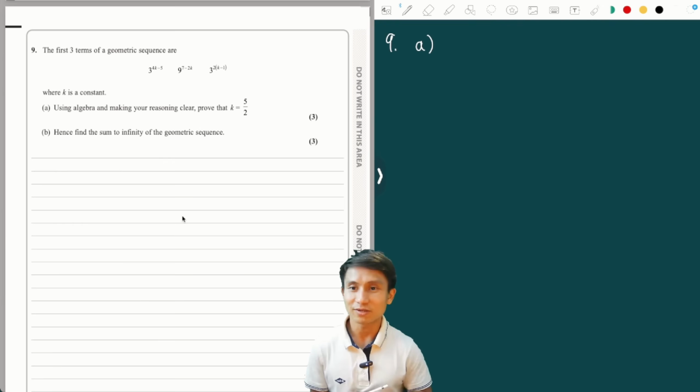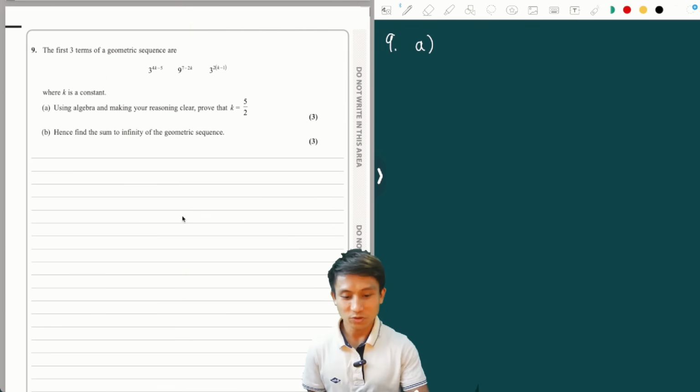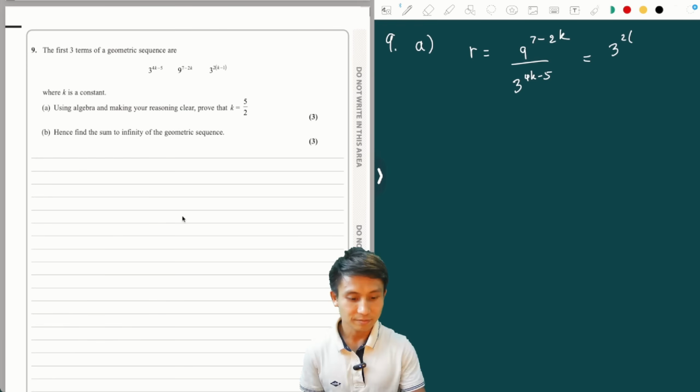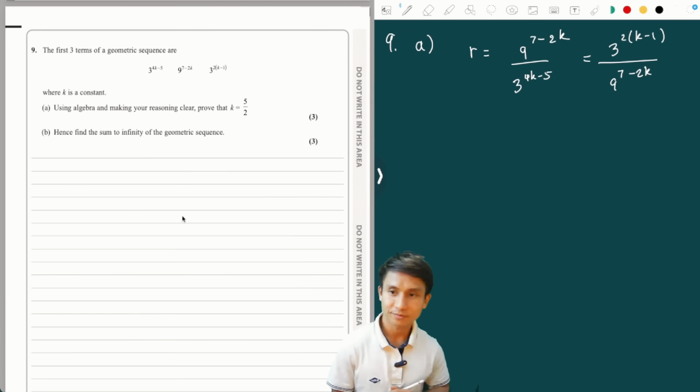Okay, so if this is geometric, then we should have r being the same, right? So r is the common ratio. So r is equal to that, and also this, divided by 9, yeah, just this.